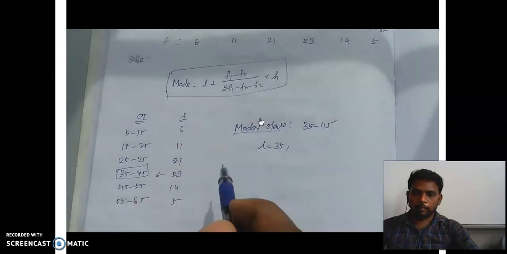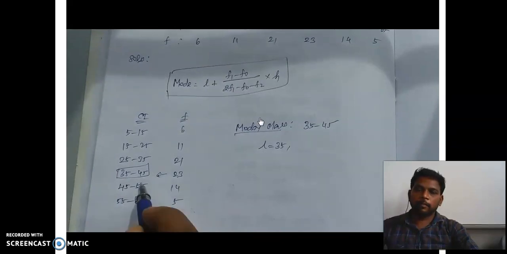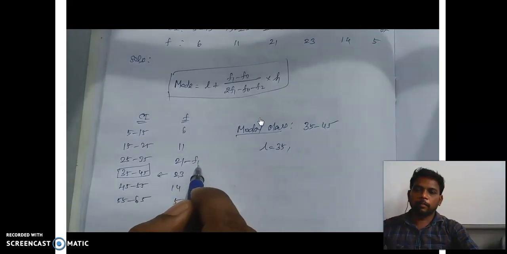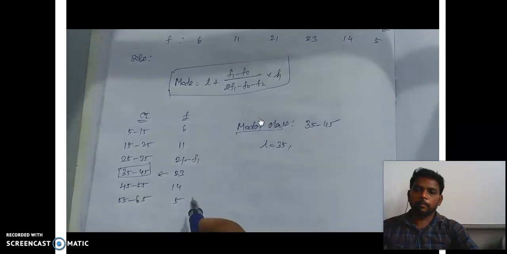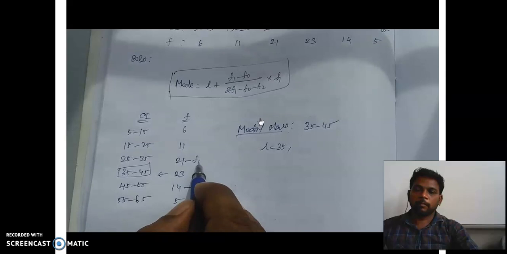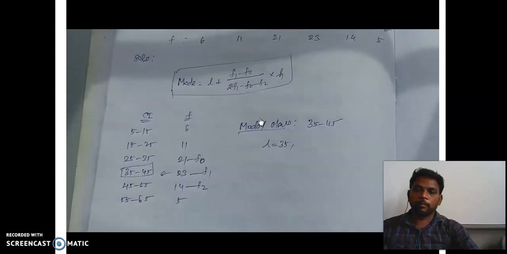Next we need F1, F0 and F2. F1 is the frequency of the modal class. The frequency just preceding it is F0, and the succeeding frequency is F2.